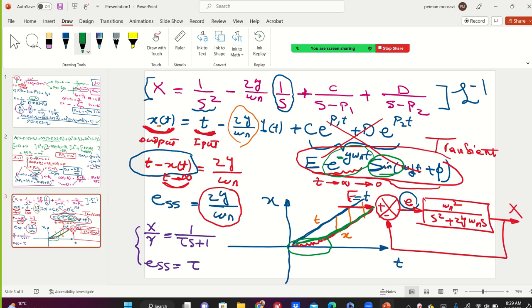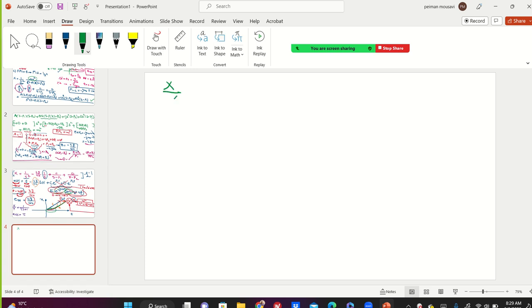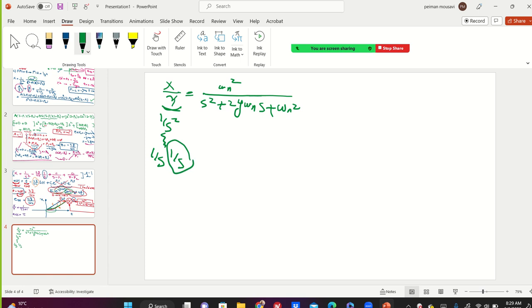So let's just go to MATLAB. MATLAB has no ramp input in the coding, so we're going to use our tricks. The transfer function is omega n squared over s squared plus 2 zeta omega n s plus omega n squared. Because the ramp is going to be 1 over s squared, we write it as 1 over s times 1 over s, so this is a unity step.